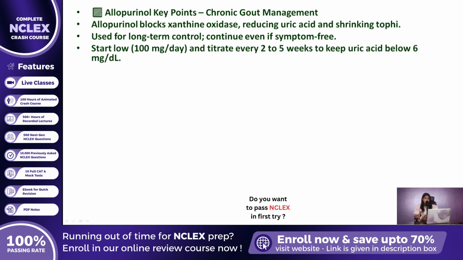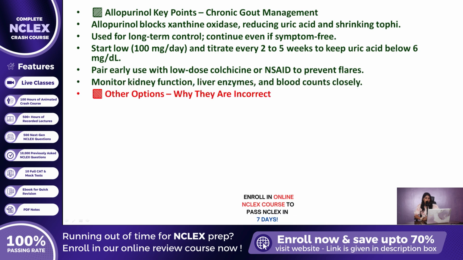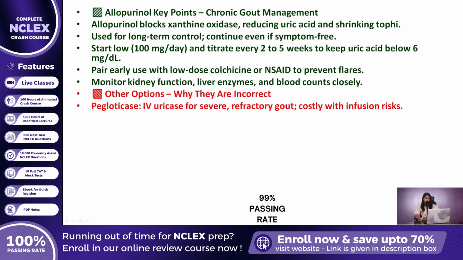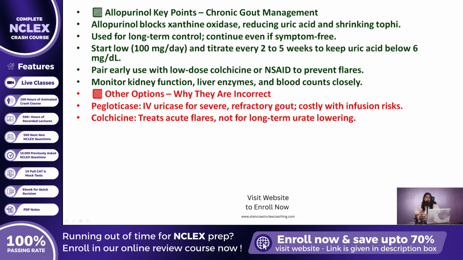Shifting to the alternatives, option A, pegloticase, is an intravenous recombinant uricase reserved for severe treatment-refractory gout with disabling tophi. Its high cost, infusion center requirements, and risk of dangerous infusion reactions keep it off the front line. Option B, colchicine, interrupts neutrophil microtubule assembly to quell or prevent acute attacks, but does not influence urate production or excretion, so it cannot serve as chronic urate-lowering therapy.